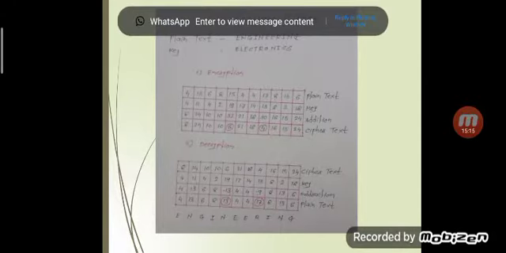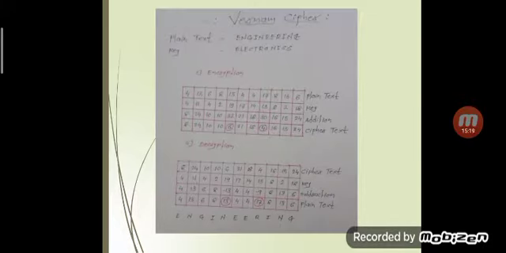Now we have to consider the ciphertext in row 4. So how to consider the ciphertext? If our addition is more than 25, we don't have any particular letter for numbers like 32 as well as 30.